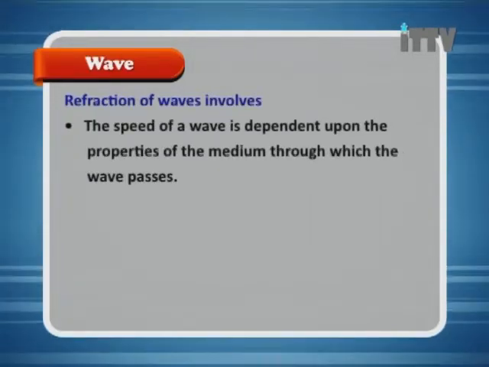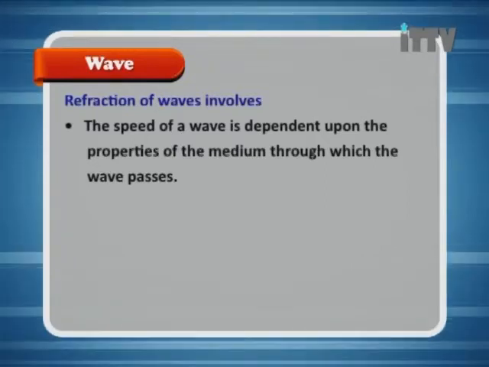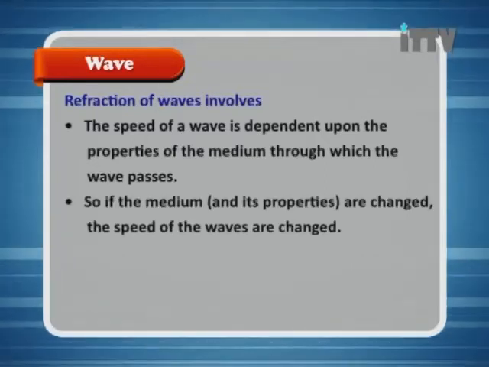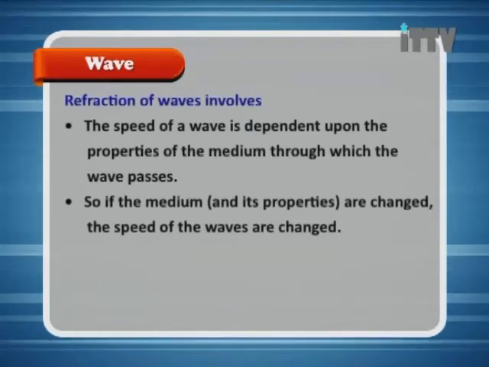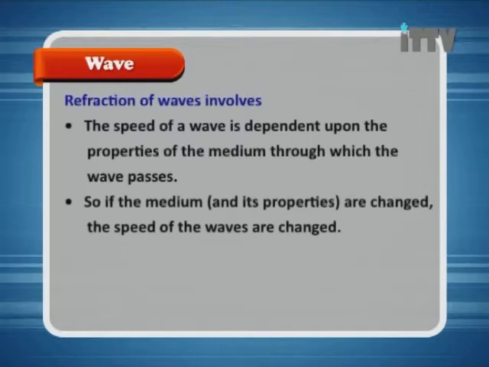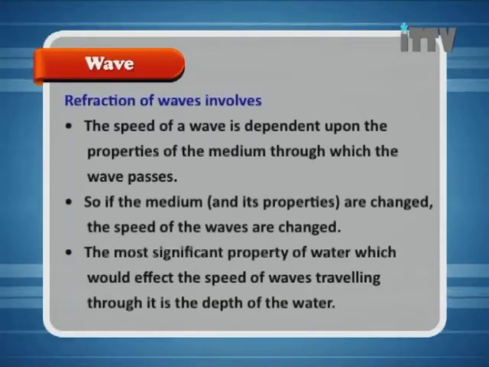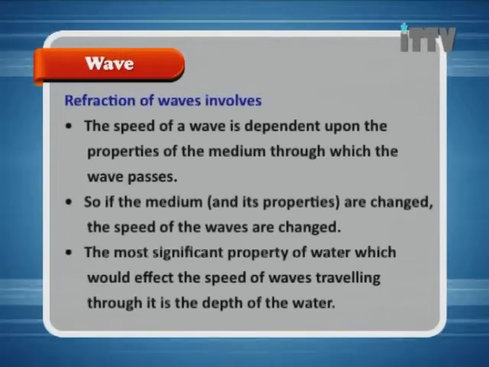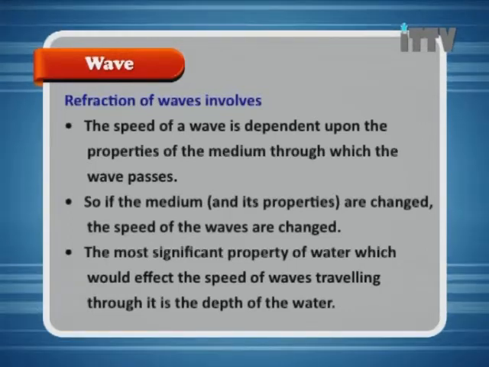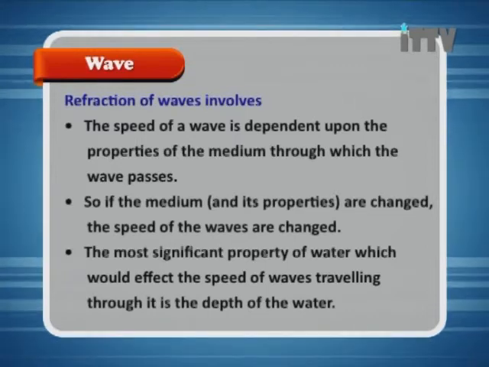The speed of a wave is dependent upon the properties of the medium through which the wave passes. So, if the medium and its properties are changed, the speed of the waves is changed. The most significant property of water which affects the speed of waves traveling through it is the depth of the water. So this is the most important thing, the depth of water.